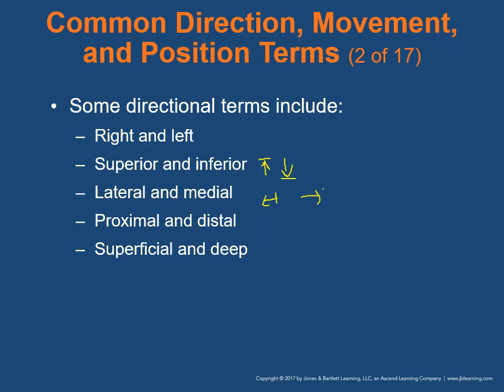This makes sense to you? Okay. Proximal and distal. Proximal is going to be closer to, distal is going to be further away. Superficial and deep. Okay, so superficial is going to be towards the top, like layer wise. Deep is going to be obviously deep down in the layers.